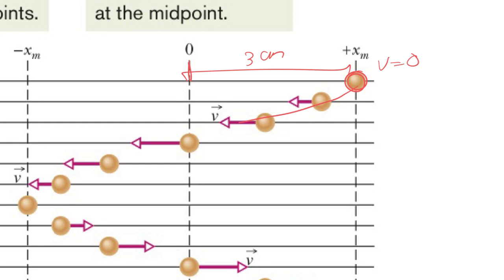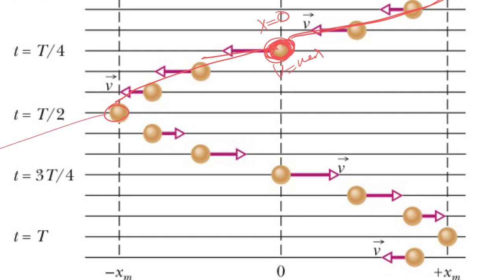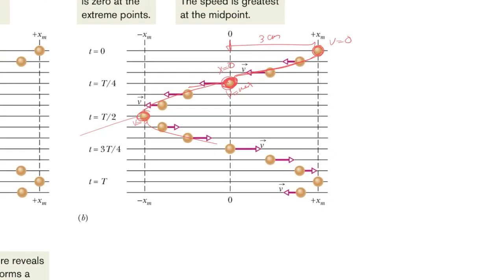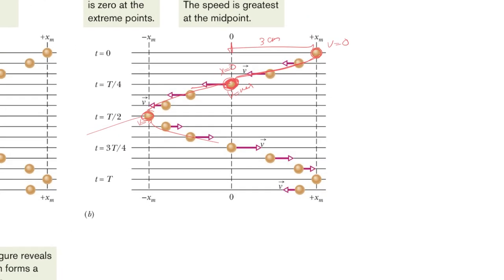When it is back at the reference point, x is 0 and v must be maximum. And why does the velocity here have a maximum value? Because, as you see, this will make the particle move again to here, but here it will not move because the velocity is 0, so it will return. Okay, now I will complete the comparison.